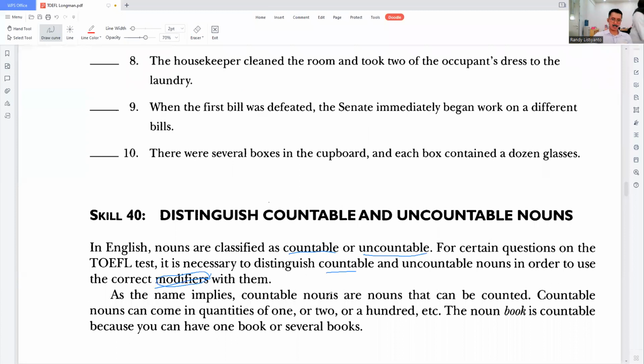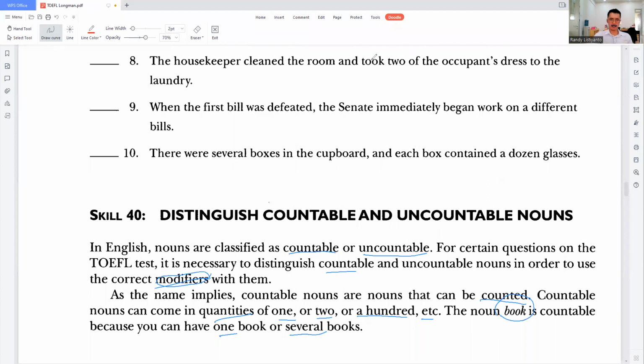As the name implies, countable nouns are nouns that can be counted. Countable nouns can come in quantities of 1, 2, 100, etc. The noun group is countable because you can have one or several.